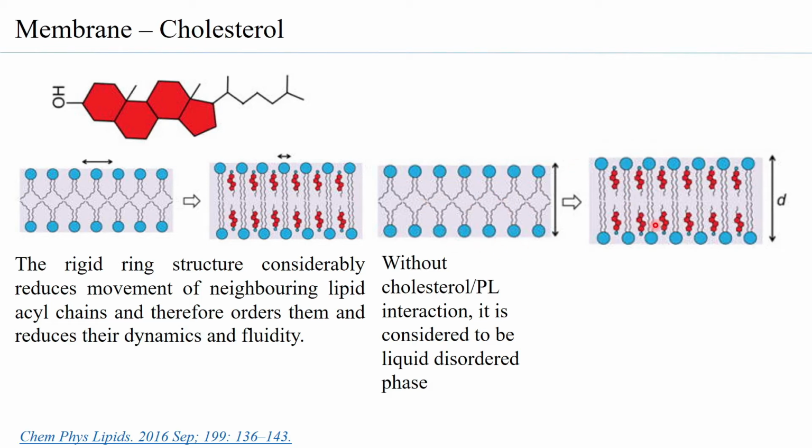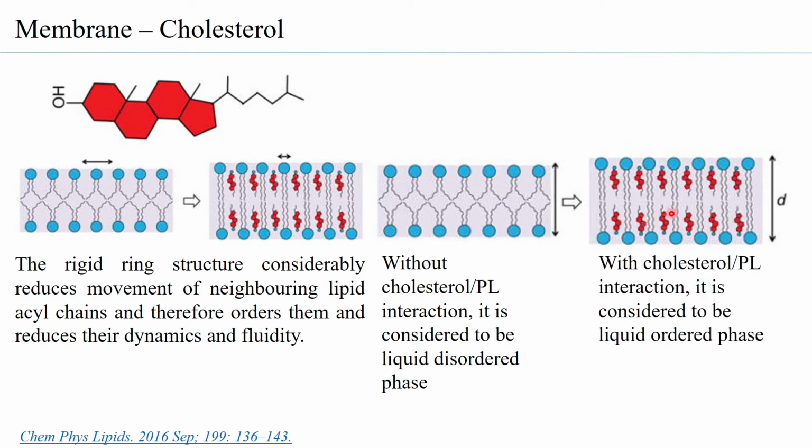But the moment you add cholesterol, this becomes highly ordered, and therefore where you have cholesterol and phospholipid interaction, this portion of the membrane is considered to be a liquid ordered phase. So this is the cholesterol-induced liquid ordered phase. Because there is no cholesterol here, you have no ordered phase per se.